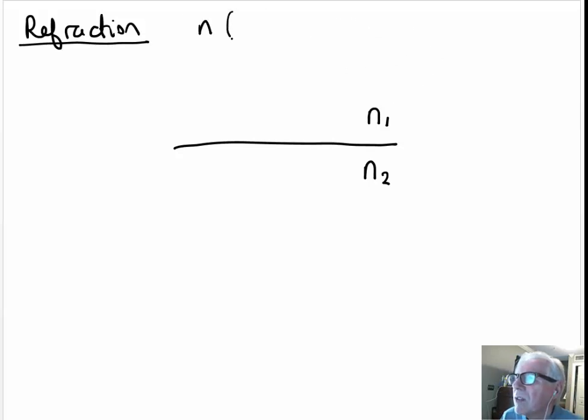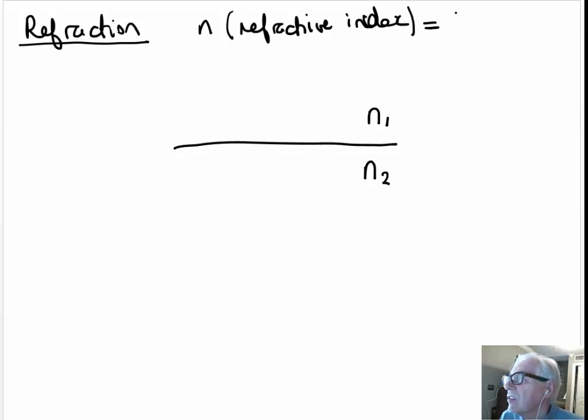N, the refractive index, is equal to the velocity of light in vacuum over the velocity of light in the medium.